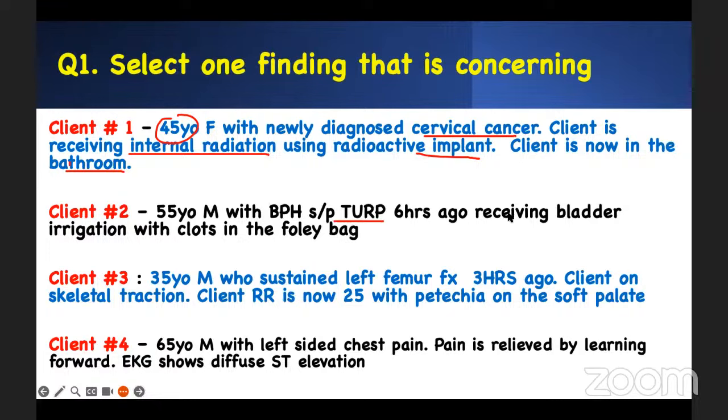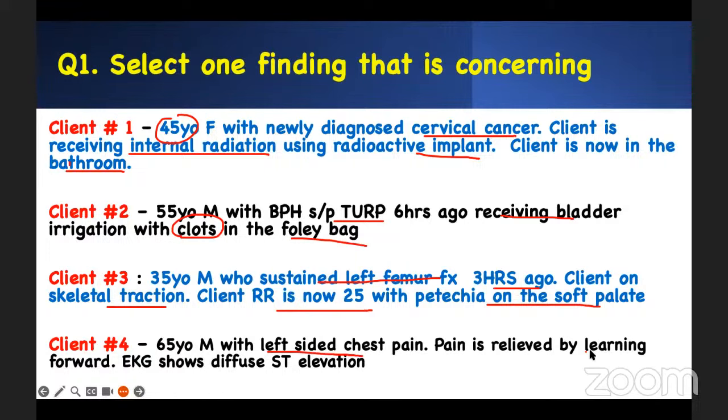You have a TURP 6 hours ago, some clots in the Foley bag. Femur fracture 3 hours ago, on traction, respiratory rate 25, petechiae on the soft palate. I try to make things straightforward. Just go for the things that you see are worrisome.